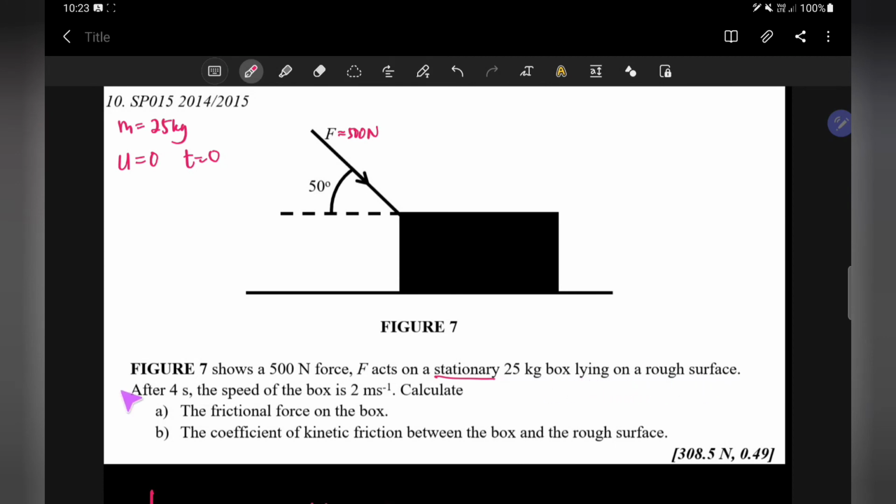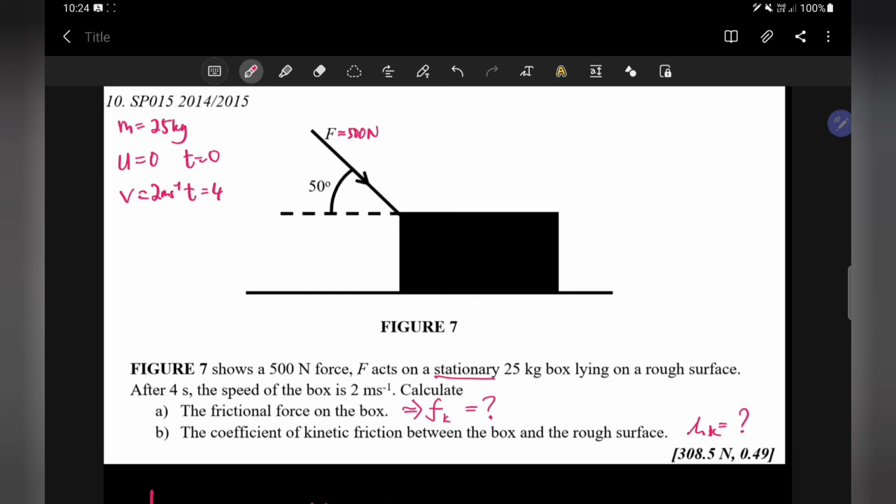And then after 4 seconds, at t equals 4, the speed v is given now, which is 2 meters per second. Calculate the frictional force. They ask you to calculate the frictional force. That one is Fk, because the object is moving. What is Fk? Kinetic frictional force. And then the coefficient of kinetic friction, so they ask you to find mu k, kinetic.